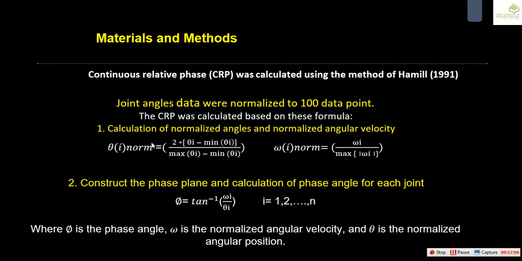The angles were normalized by this formula, and angular velocity was normalized based on maximum angular velocity. At the second step, we constructed the phase plane for each joint and calculated the phase angle by this formula, the inverse tangent of omega over theta.